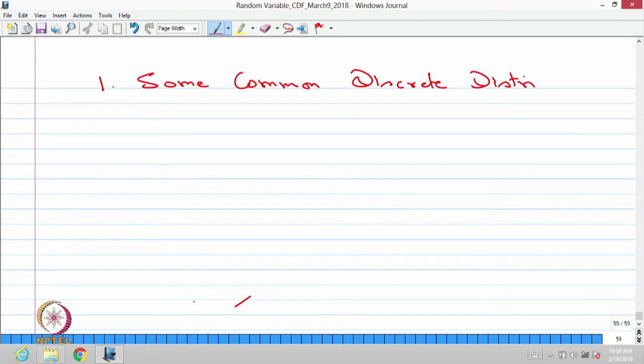Let us start with some common discrete distributions. The first one which we are going to discuss is called a constant random variable.